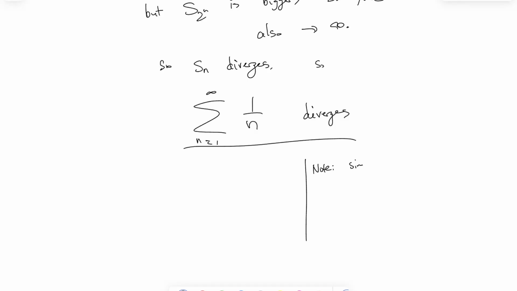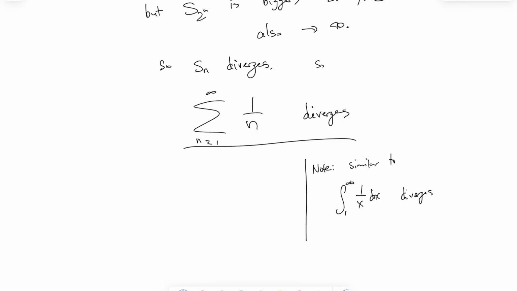This is similar to the integral from 1 to infinity of 1 over x dx, which also diverges. All right. These are not the same as one another. The sum and the integral are not the same.